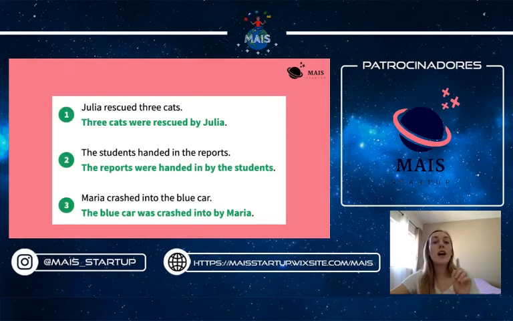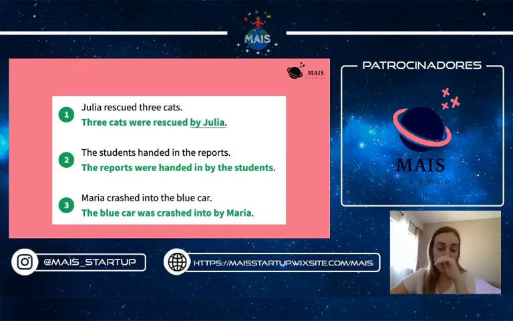Oh, also, in the answer sheet, great thing, by Julia, by the students. These are passive voices in which we actually know who did the action. We just chose to do the passive voices for some reason. So if you know who did the action but you still want to use the passive voice, you should put by and then the subject.